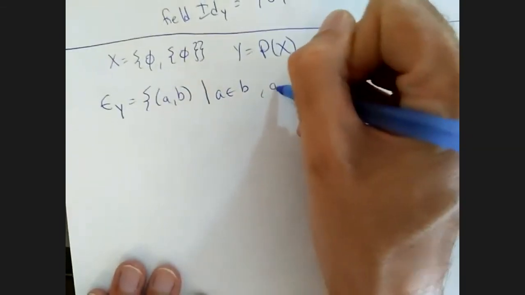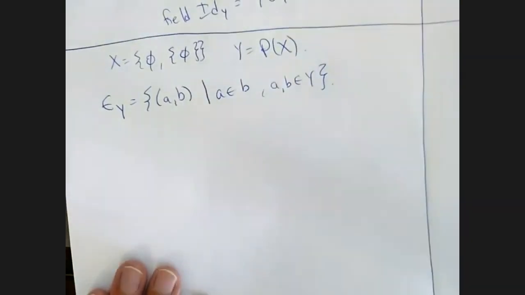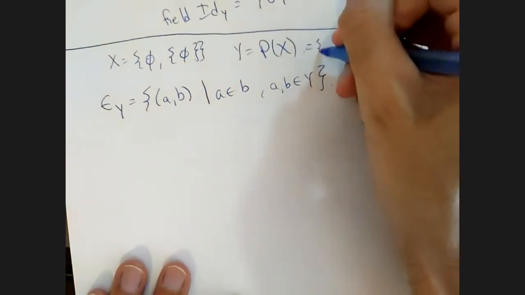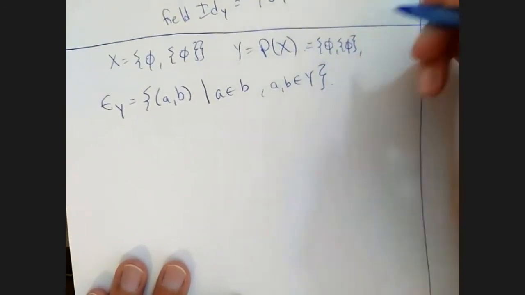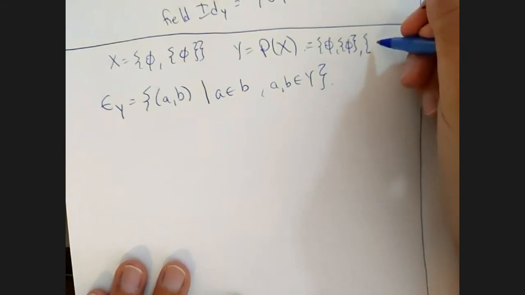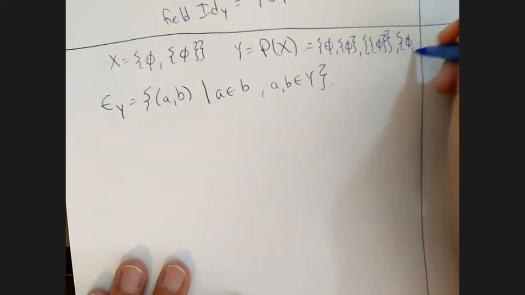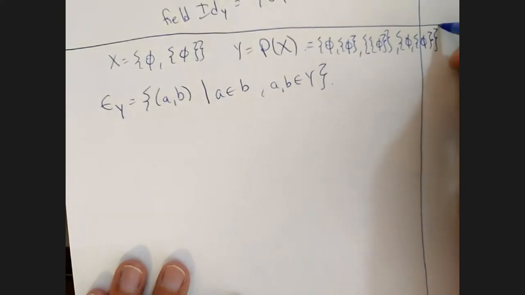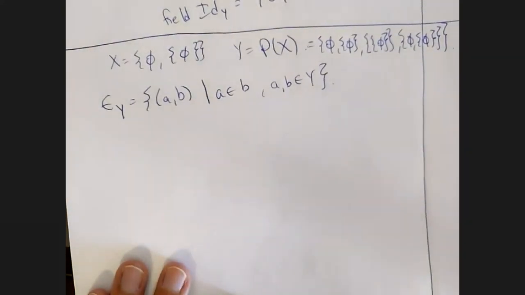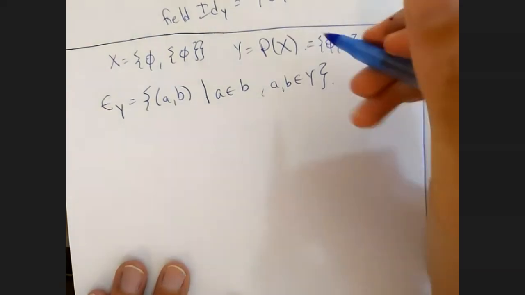It's all the ordered pairs A and B such that A is an element of B and A and B are in Y. So let me write down Y again. So it describes membership.